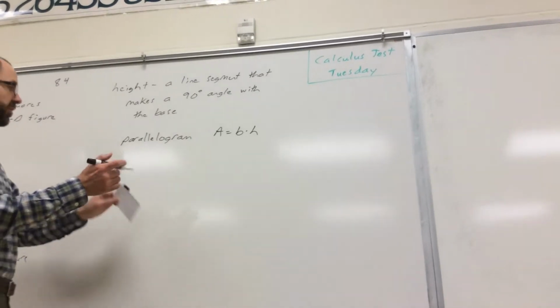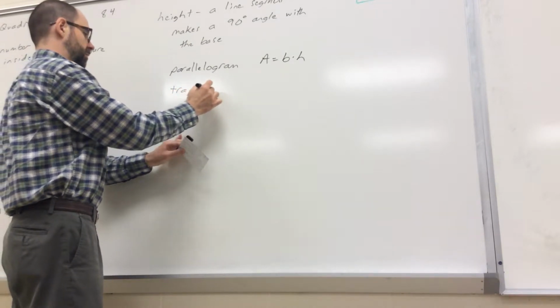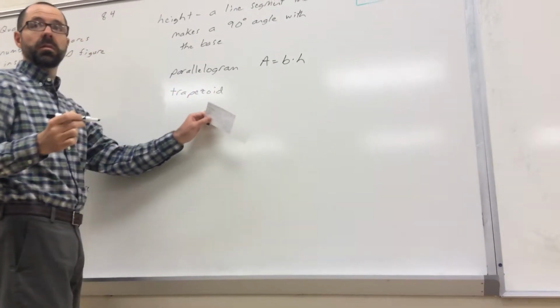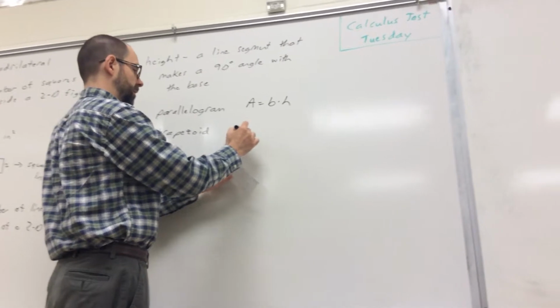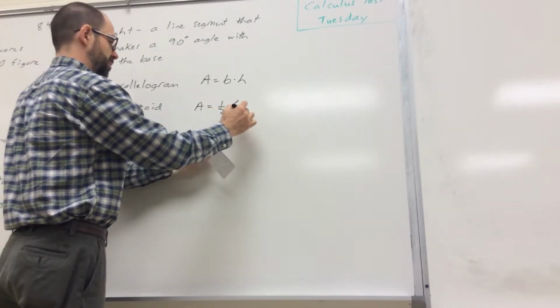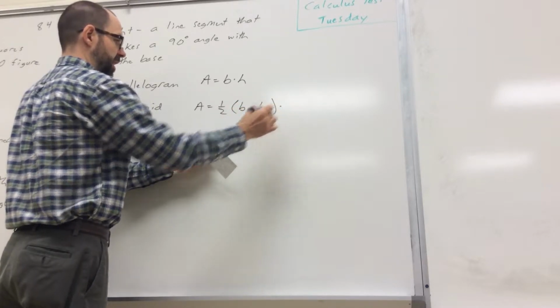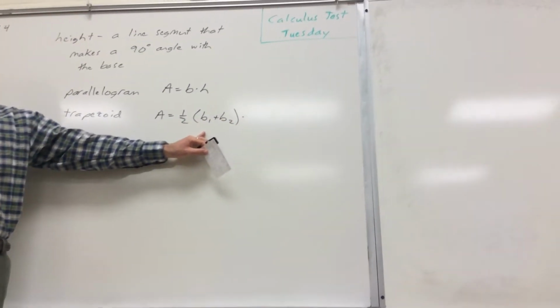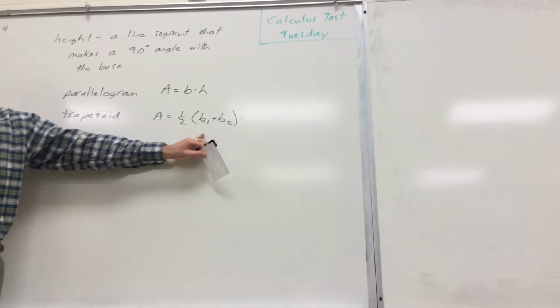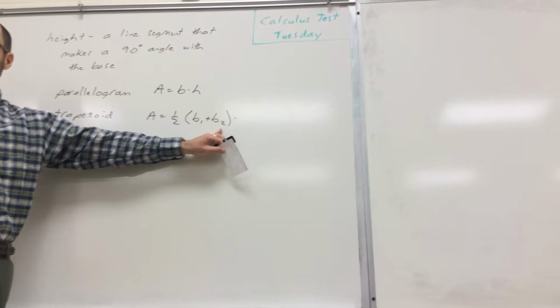And then for a trapezoid, the area is 1/2 times base 1 plus base 2, times the height. This is 1/2 (B1 + B2).